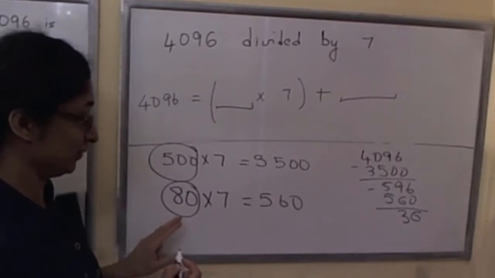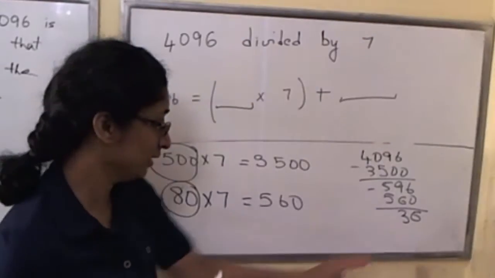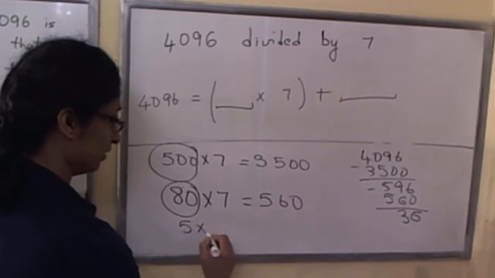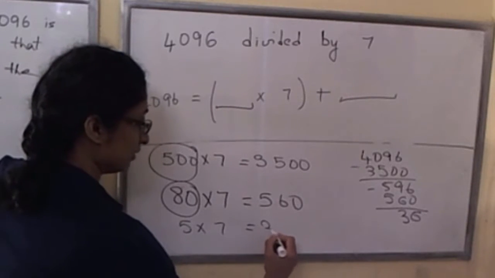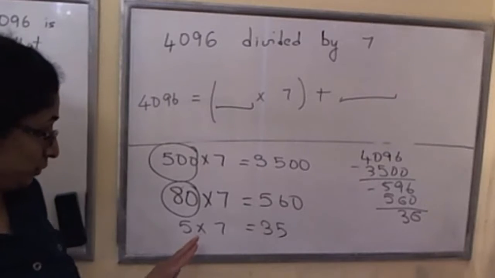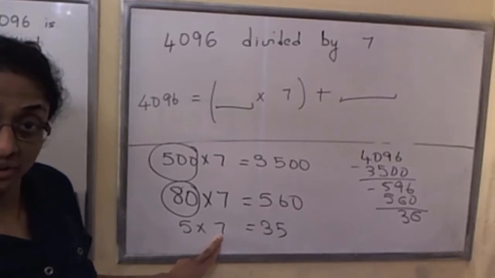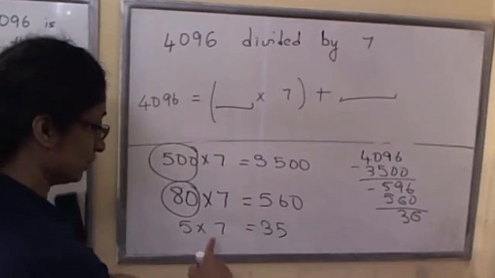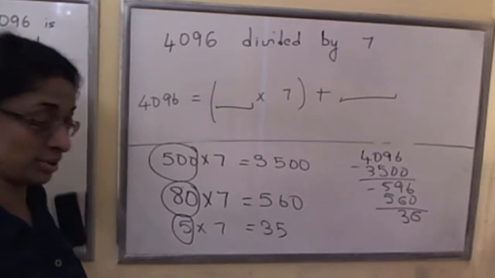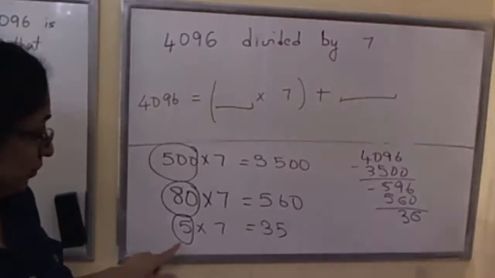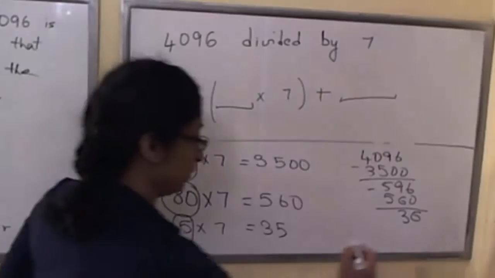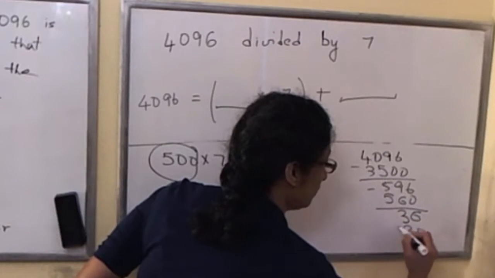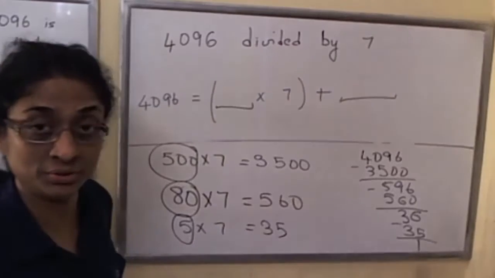So for that, it's very easy now to see 5 times 7 is 35. If you were to do 6 times 7, then you would get 42 going over the 36. So as far as single digit multiples of 7 go, we have 5. So we write 35 here, and now we have a remainder of 1.